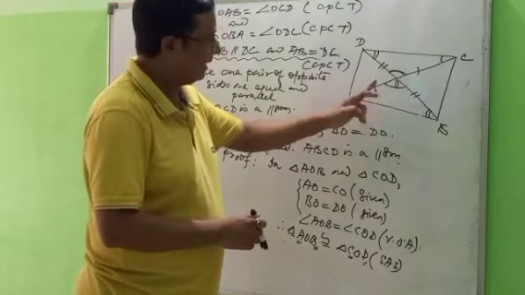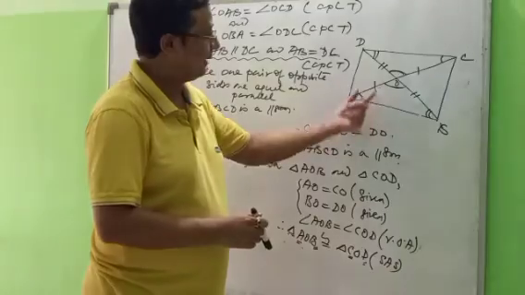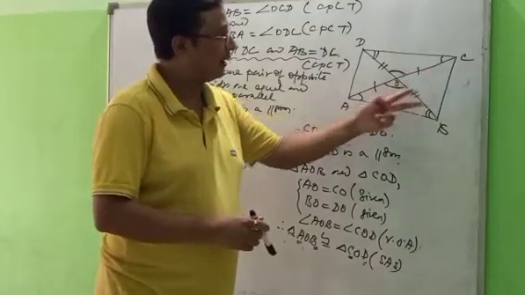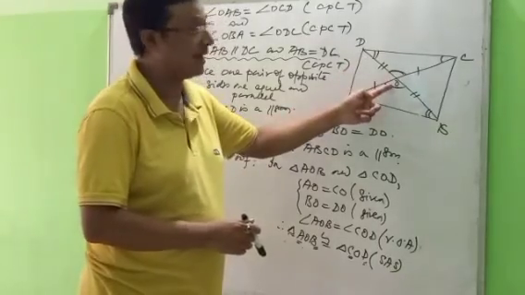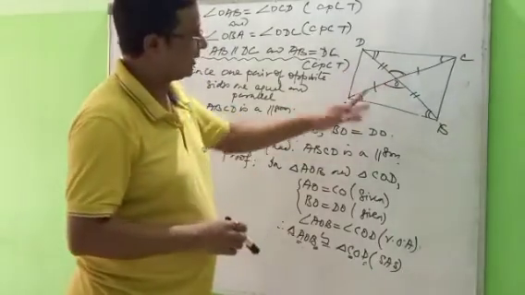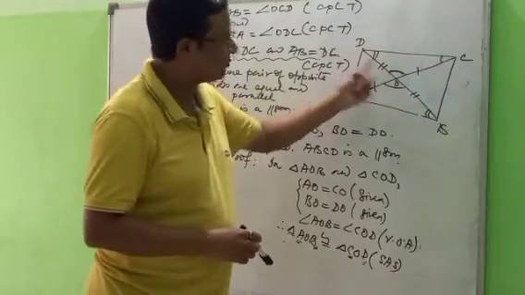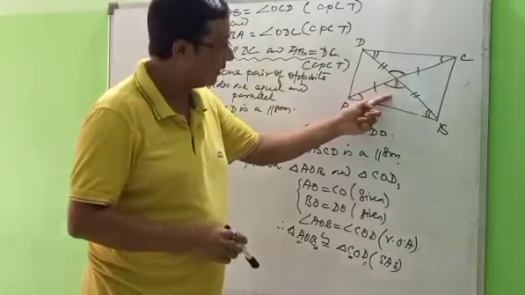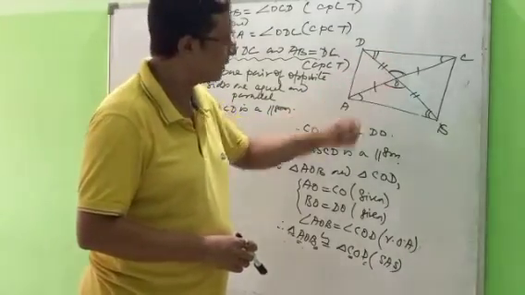One is that if the diagonals bisect each other, that means AO equals CO and BO equals DO. That means O is the midpoint of AC as well as BD. In that case also the quadrilateral is a parallelogram.